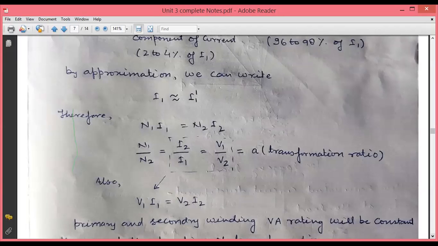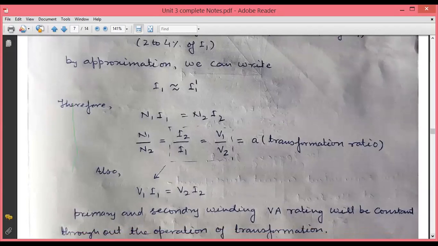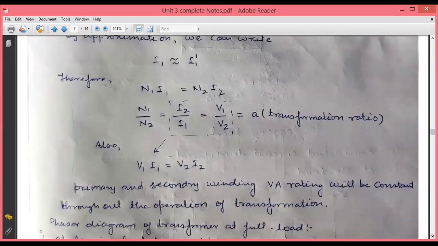And from here we can say that N1 over N2 will become equal to I2 over I1, and as we had already written, N1 upon N2 equals V1 upon V2. So this formula can be established, and this is called the transformation ratio. And on the basis of this, we can write V1 I1 equals V2 I2.